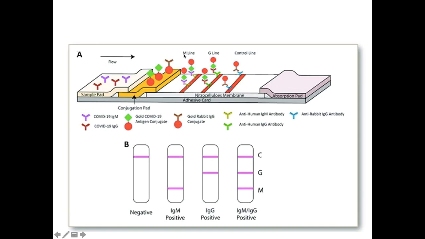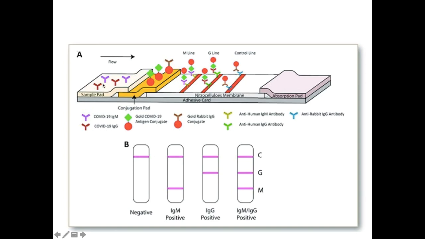That's why it is called the M line, because it detects IgM antibodies if they are generated within the patient sample. The G line is coated with the anti-human IgG antibody and detects IgG antibodies, while the control line is immobilized with anti-rabbit IgG antibodies.